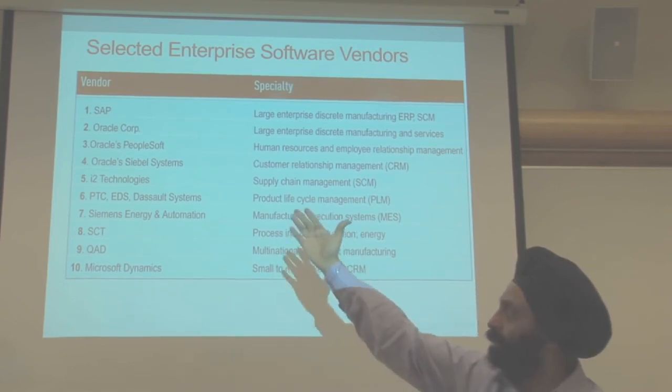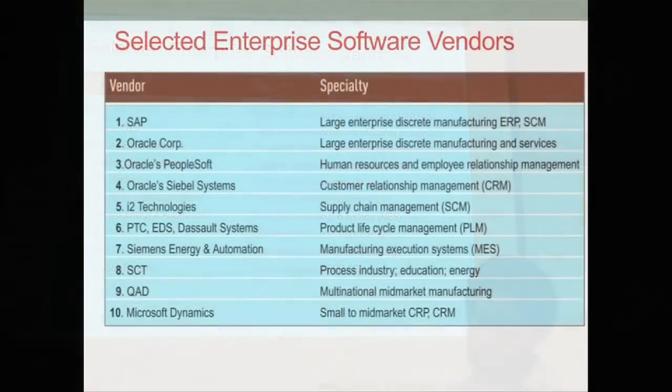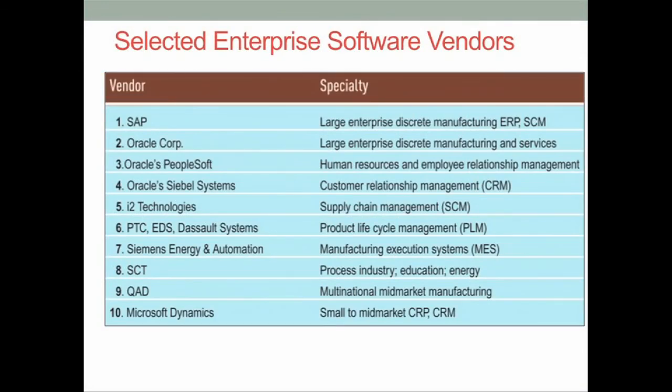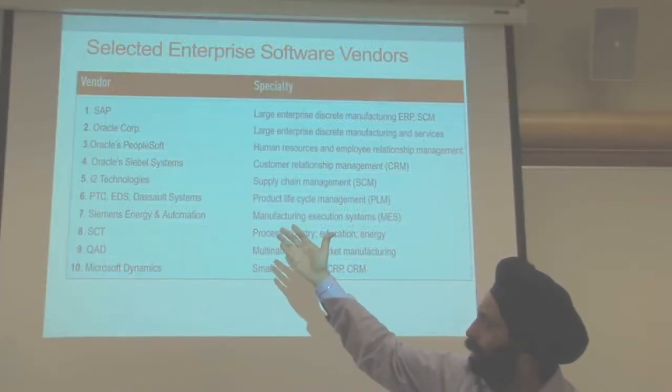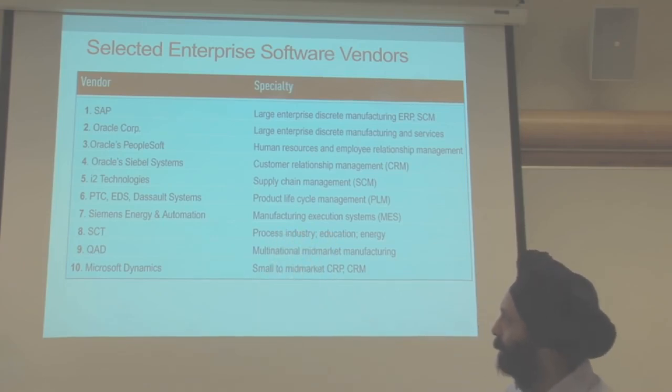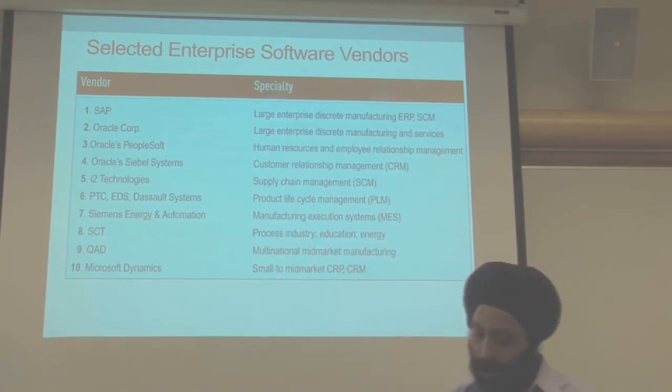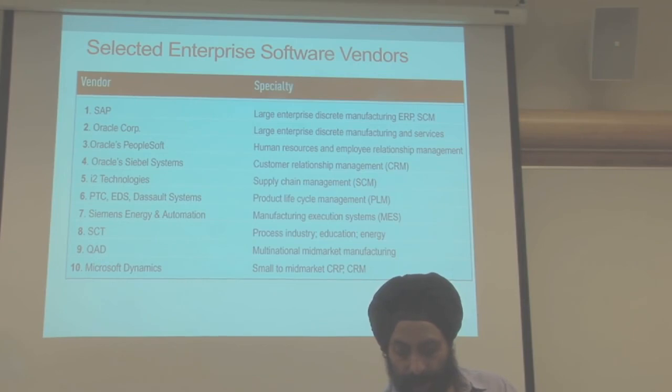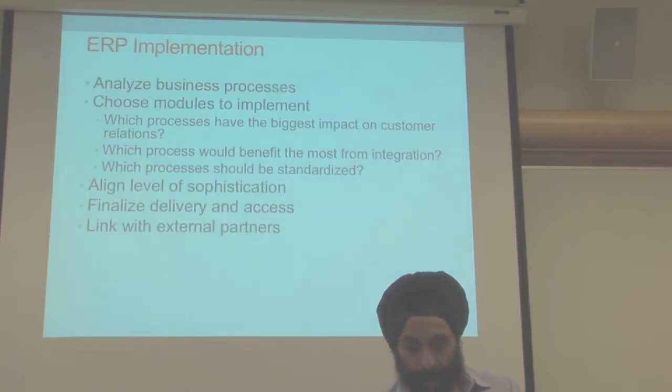I have named several of these just a few minutes ago. SAP, Oracle, then I2 is another one for supply chain management, etc. And this list keeps changing depending on who are the new industry players that come into play.